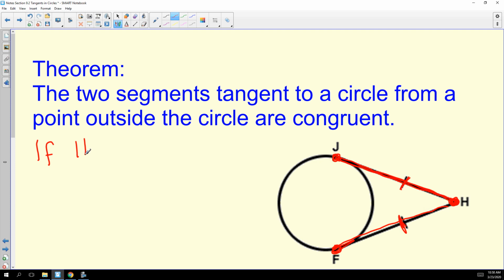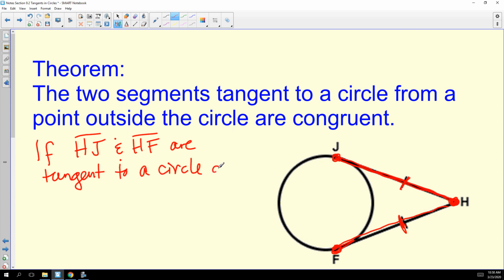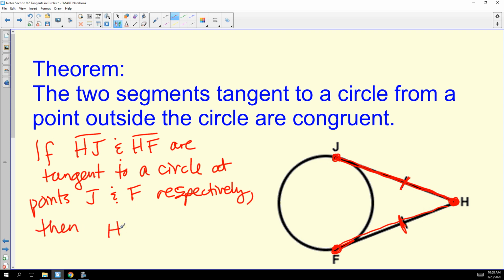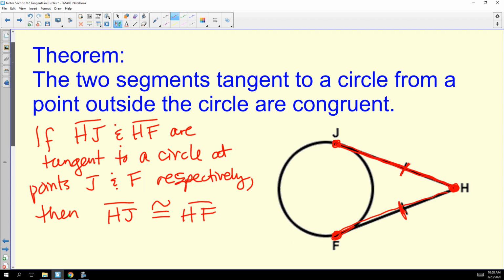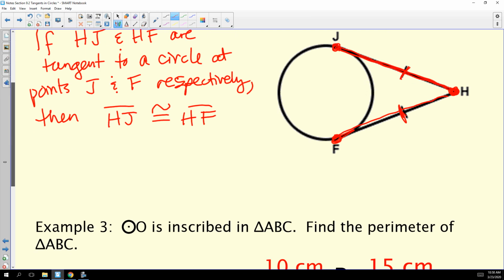So if HJ and HF are tangent to a circle at points J and F respectively, in case you forgot what that means, point J goes with segment HJ and point F goes with segment HF, then segment HJ must be congruent to segment HF.